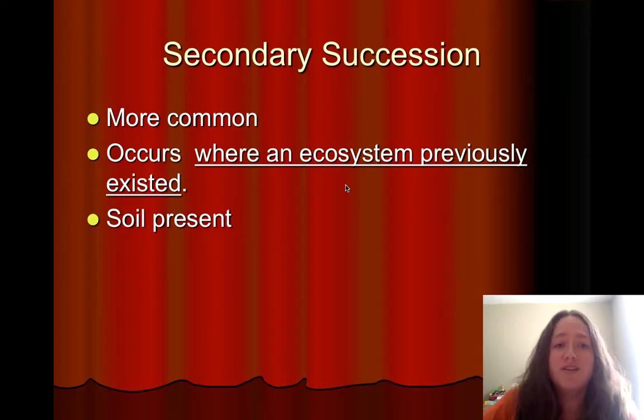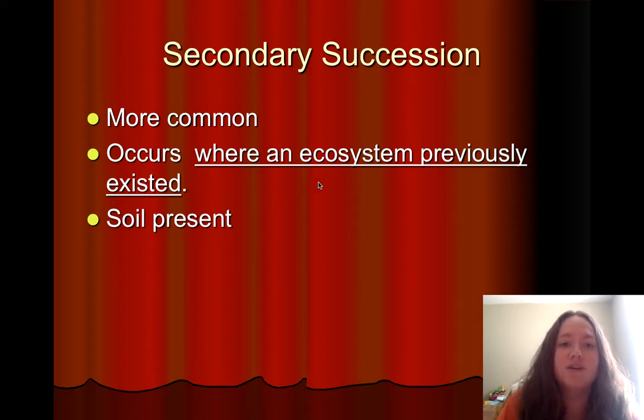So again, secondary succession, this is the most common one because very rarely do we have volcanic events in a lot of different places that's going to have to make us restart from primary succession. So most of the time we have things like a forest fire, logging, something like that, that's going to mean that we need to restart our community, but we're not restarting from bare rock.